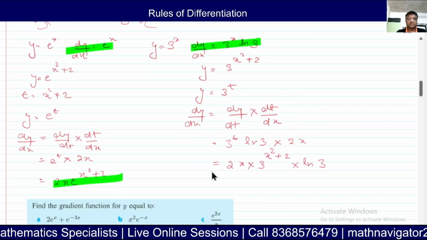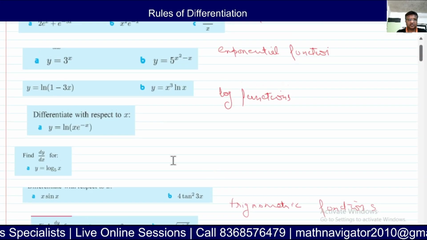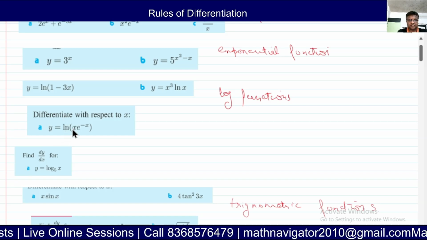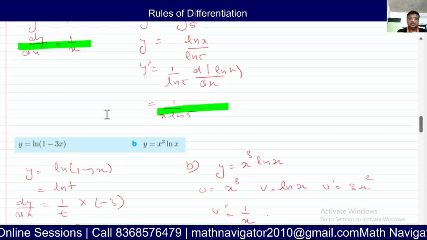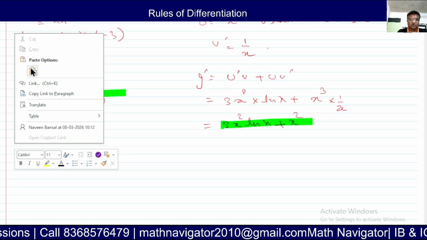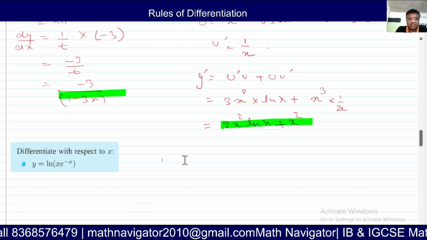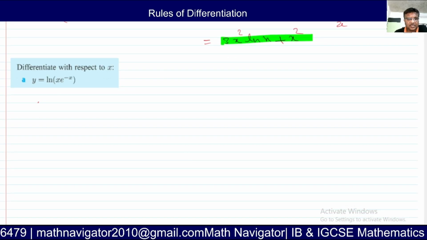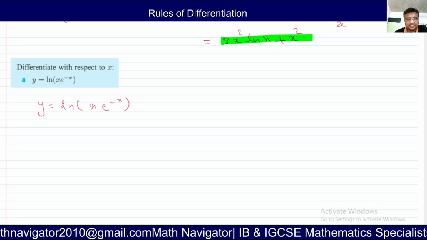Let's do the next one. Yes, this again is an important concept. See, most of the times it is easier to use the laws of logs for finding this kind of differential, right? So y is equal to, you need to simplify this. y is equal to ln of x times e to the minus x.